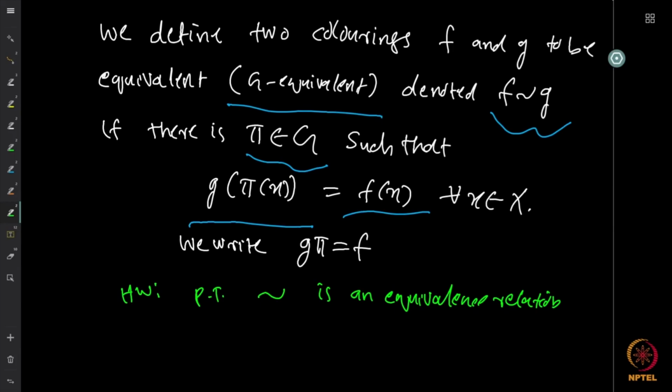So if we can find a permutation pi in G such that g of pi of x is equal to f of x for every x in X, right? So if I can do this, then we say that f and g are equivalent. So we can write, for example, g pi is equal to f, right? The composition of g and pi is basically the coloring, right?